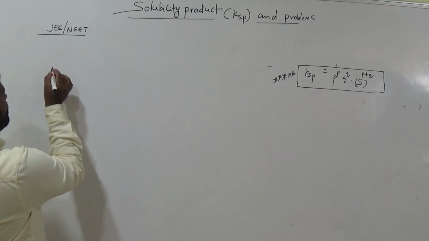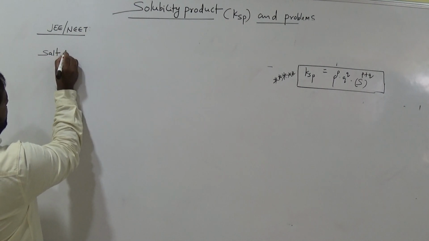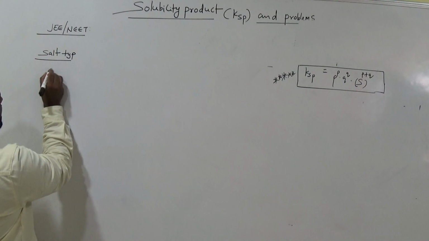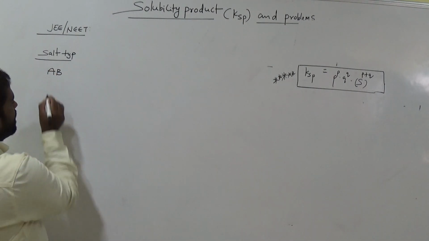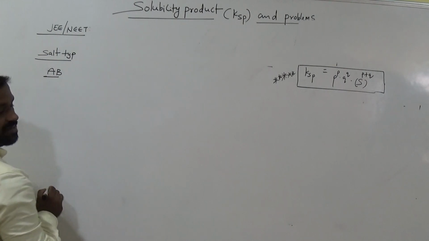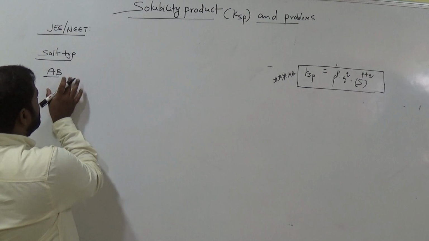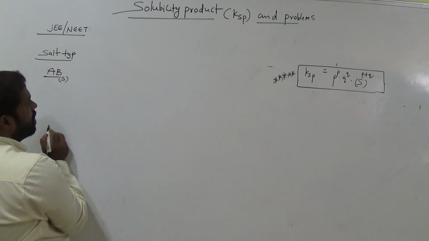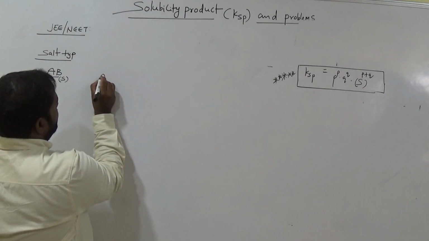Now, for example, salt type AB. Given salt is AB type, okay? For this type of salt, how to write it?